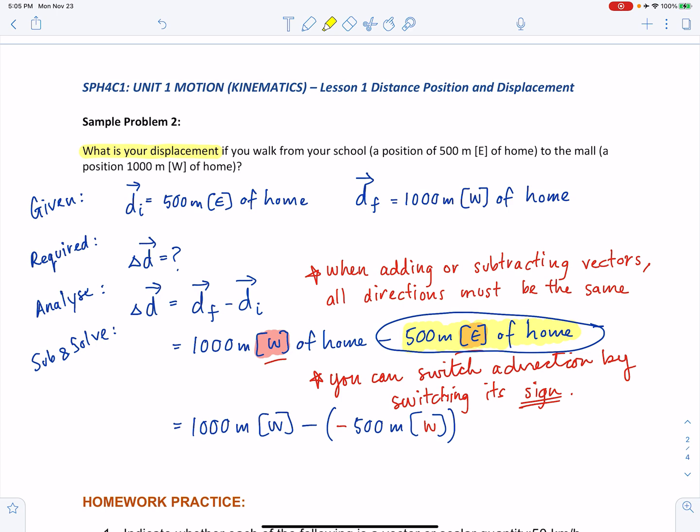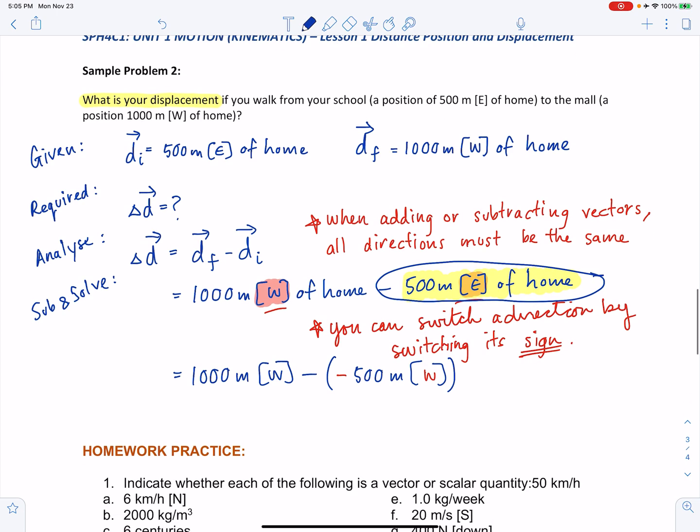Now, I just want to tell you this. 500 meters east is equal to negative 500 meters west. They are the same thing in physics. So all you do is switch the sign and you switch the direction.